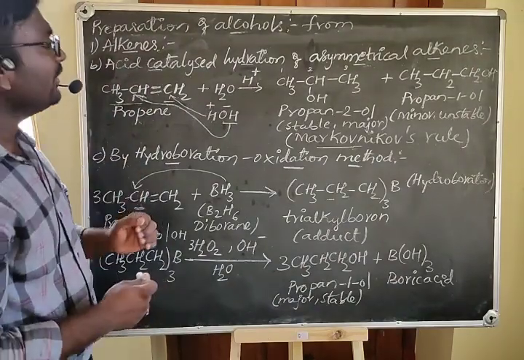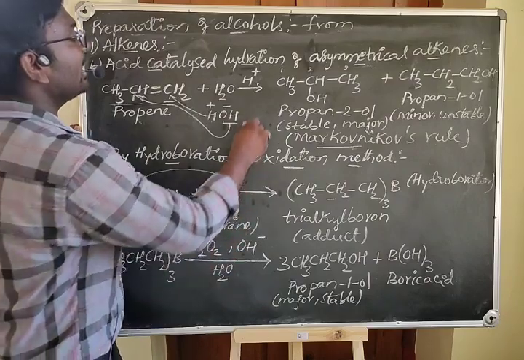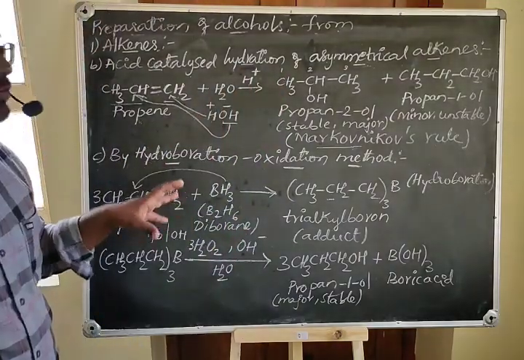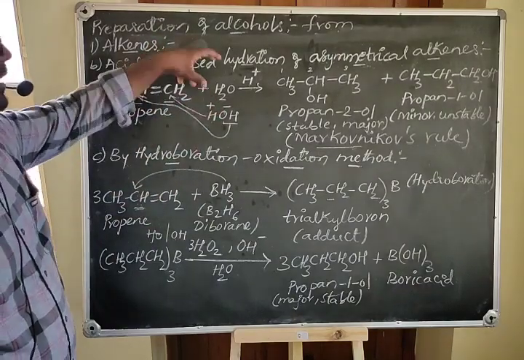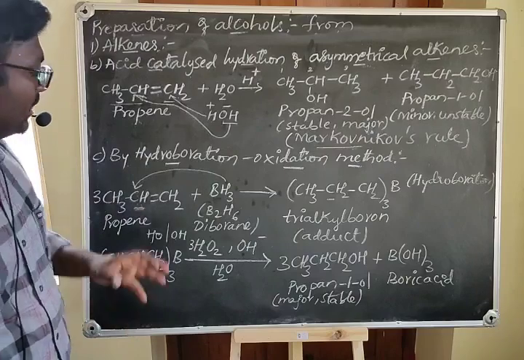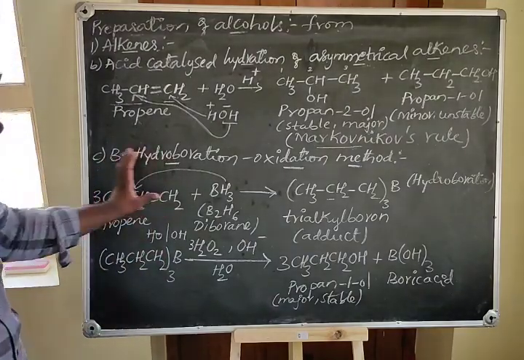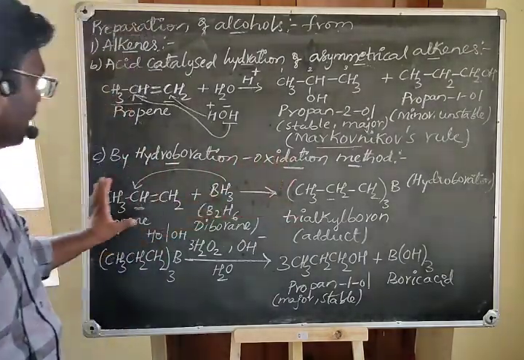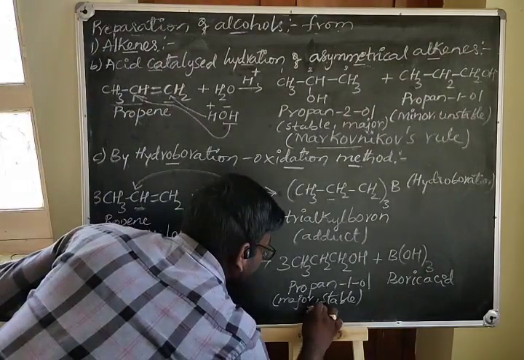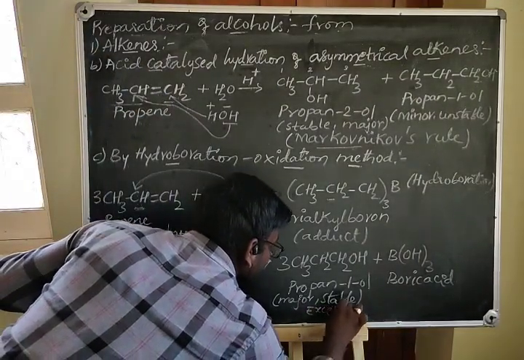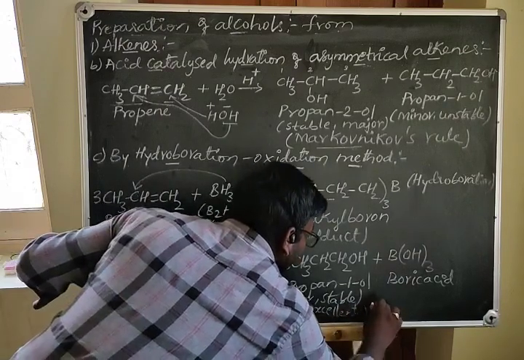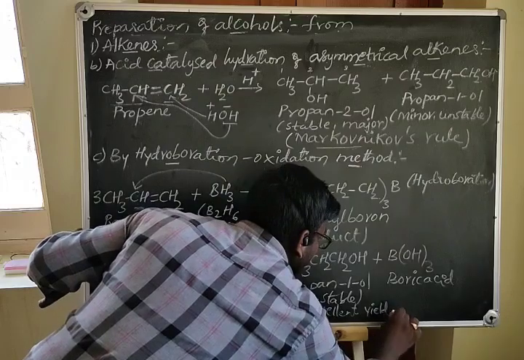Here, the difference lies with the mechanism of the reaction and the reagents used to prepare the alcohols. In this method, hydroboration and oxidation of propene gives an excellent yield. The propan-1-ol obtained will have an excellent yield.